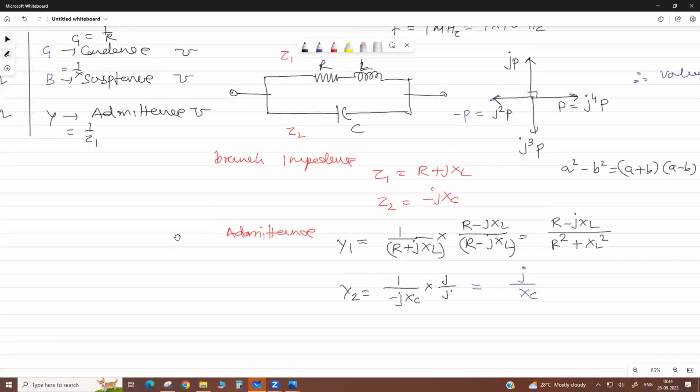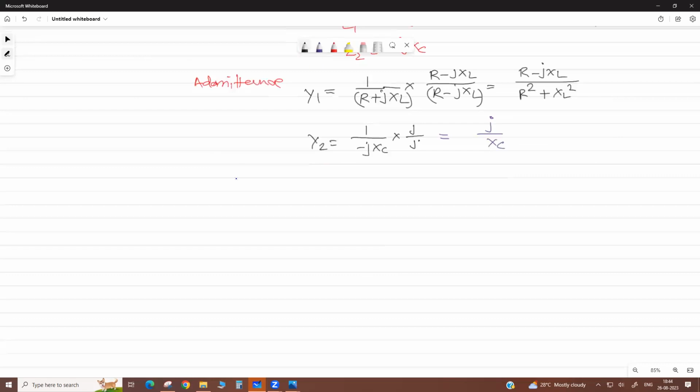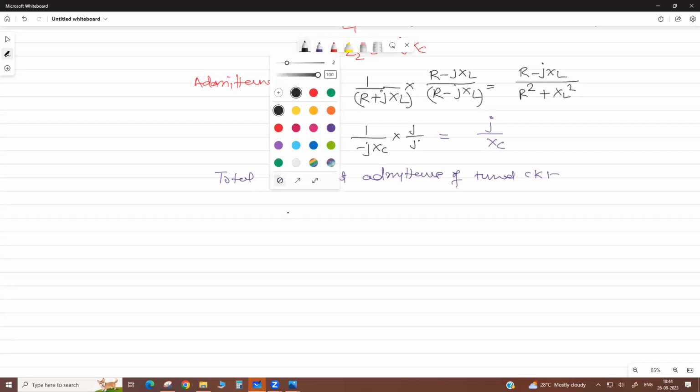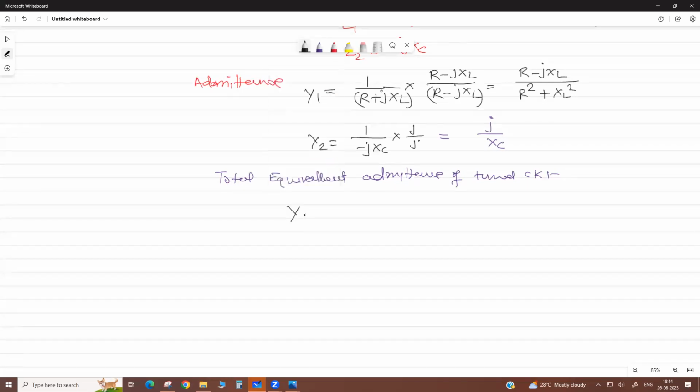Now total circuit admittance. Total equivalent admittance of this twin circuit, please. What is the total admittance? It is a parallel circuit, no? Then admittance Y equals to Y1 plus Y2.